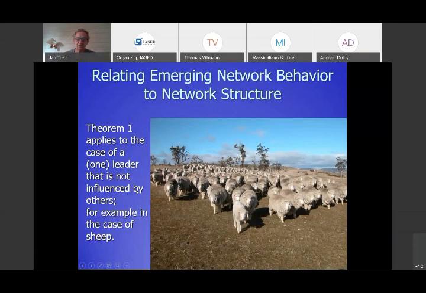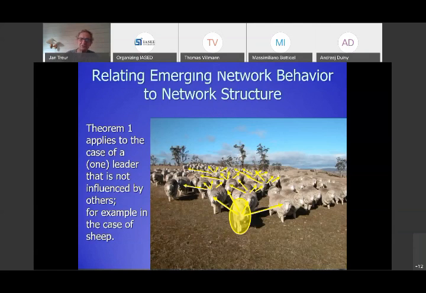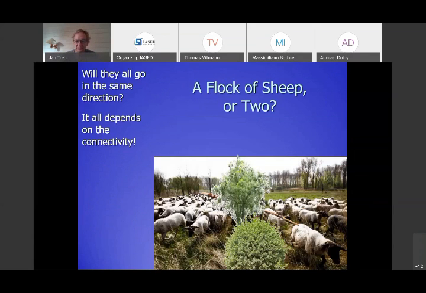There are also theorems for tree-like structures, acyclic graphs, networks. By such theorems, you can predict that in certain circumstances, there will be one value out of it. So for example, in this case, will this be one flock of sheep or will this be two?